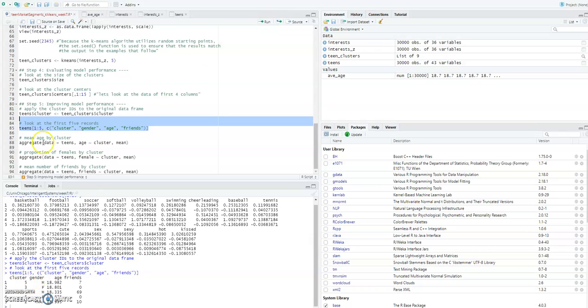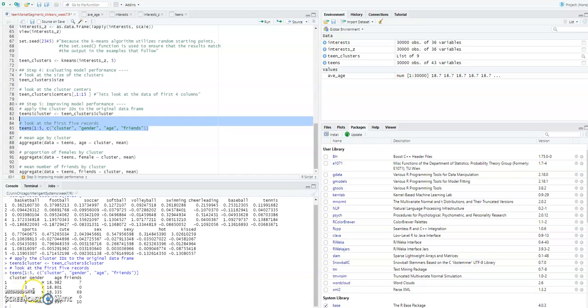If you take a look at the first 5 records of our data set, we are just trying to see the cluster they belong to, their gender information, their age, and friends. We will see that for cluster 5, he is a male, the age is 18.9, and he has 7 friends. So this person belongs to cluster 5.